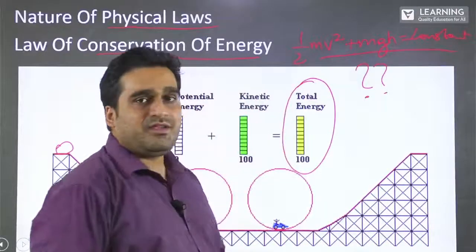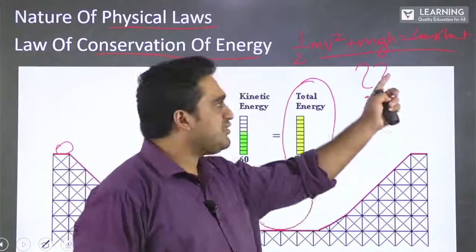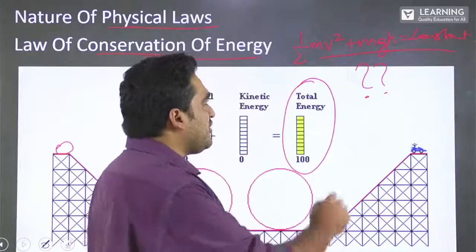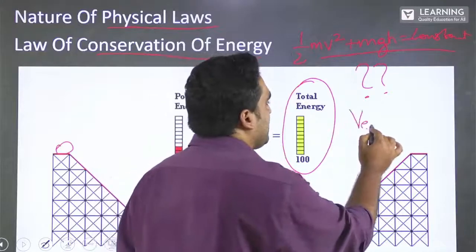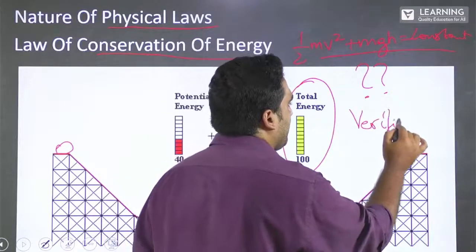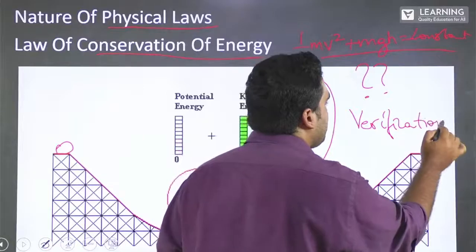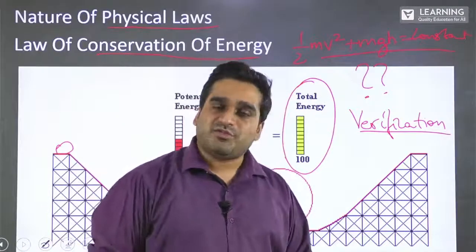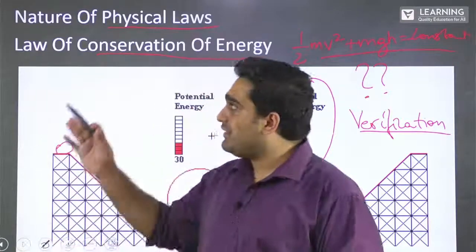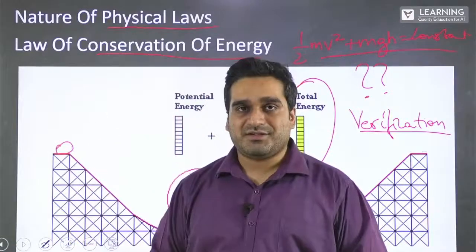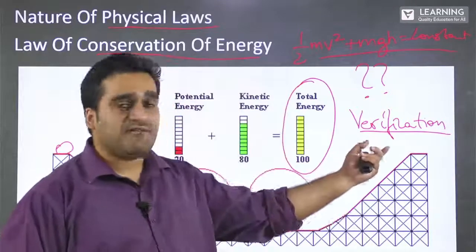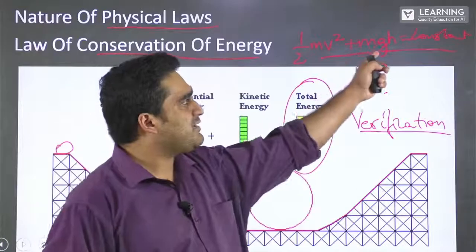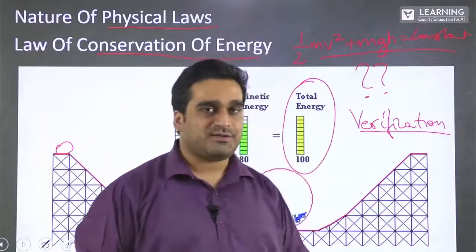No. This is not a proof to show that the energy is conserved. This is a verification. There's a big difference between proving and verifying. So you cannot prove that there's conservation of energy. Rather, you can only verify using this relation, half mv square plus mgh equals a constant.